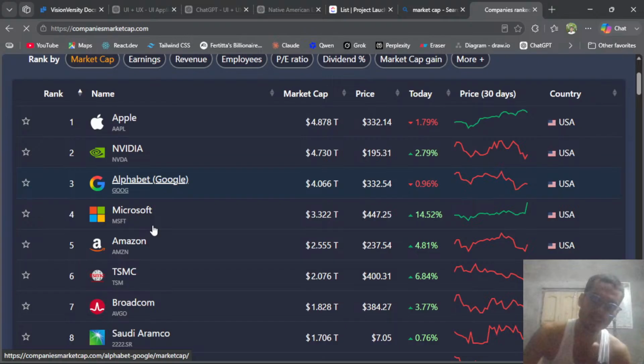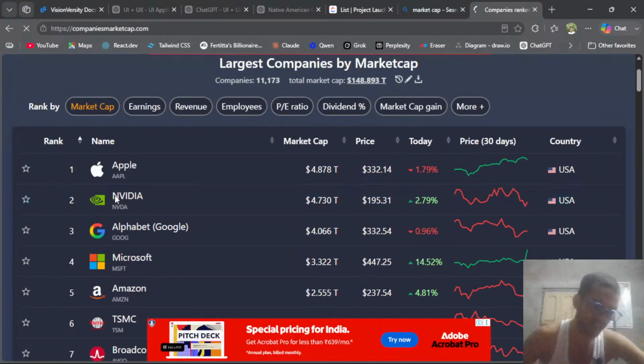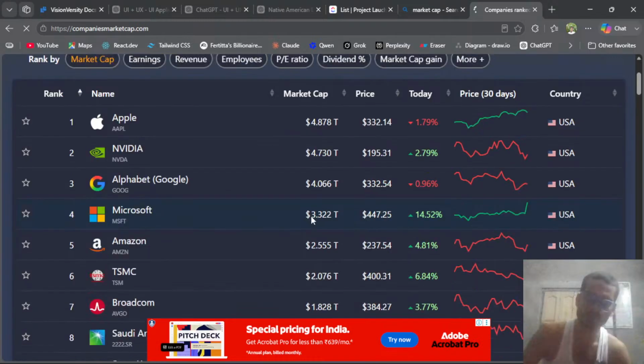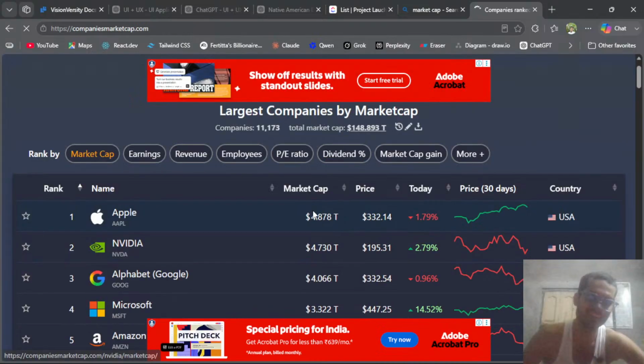Think about it for a second. These are technology-based companies, and look at their valuations: 4.8 trillion, 4.7, 4, 3.2. Indian GDP is around 4.5, but Apple, Nvidia... think about it for a second. Why do they have this type of valuation? Because they have a technological solution, right?